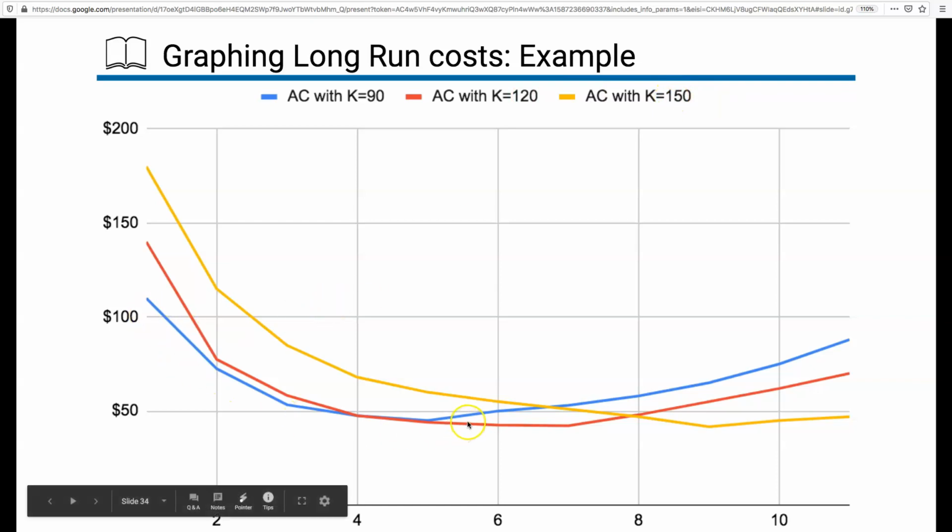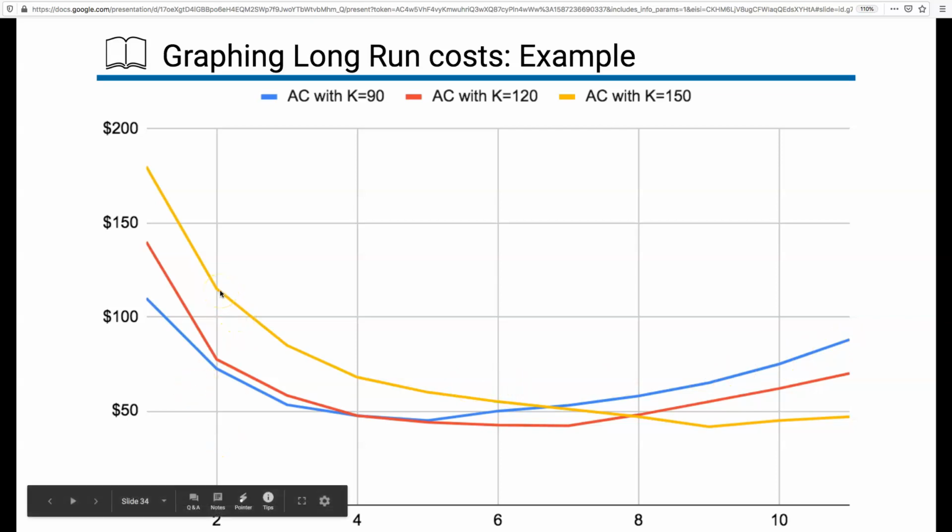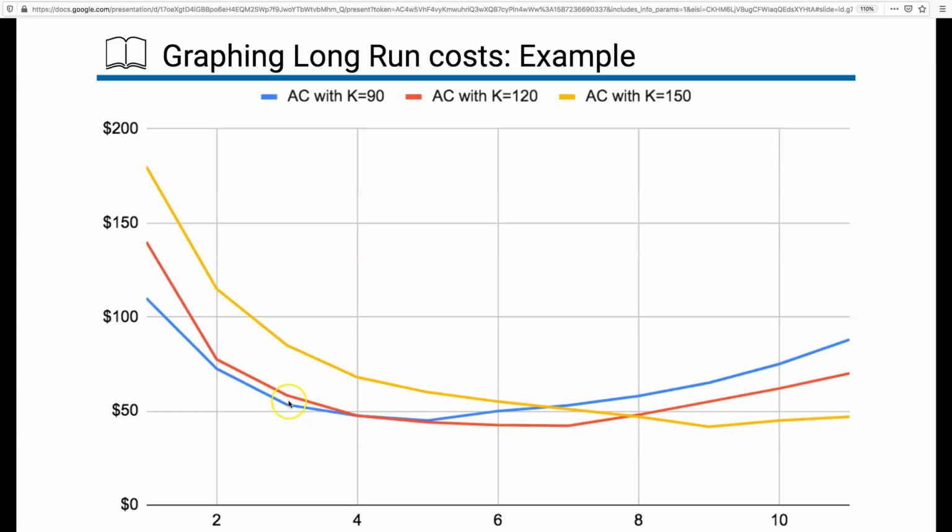All 3 short-run average cost curves are U-shaped, and the higher the amount of capital we're using, the higher the costs for small units of output and the lower the costs for large amounts of output. So we're shifting the line from blue, shifted to the right, we get something like red, shifted to the right even more, you get something like yellow.